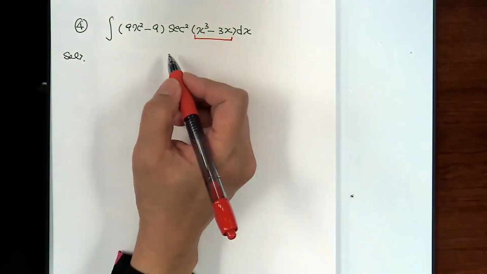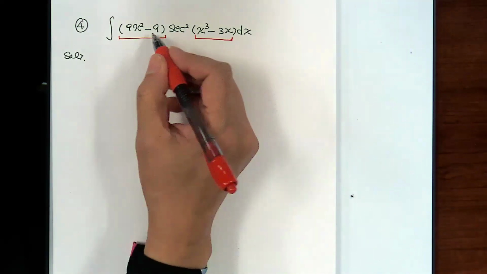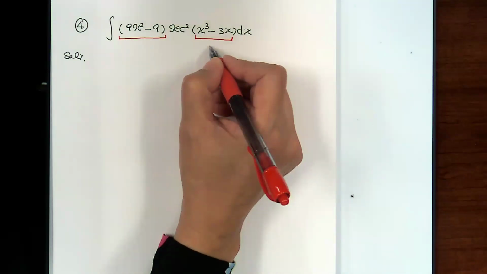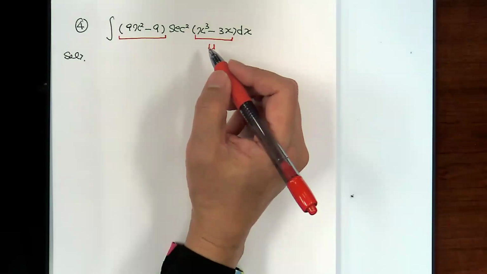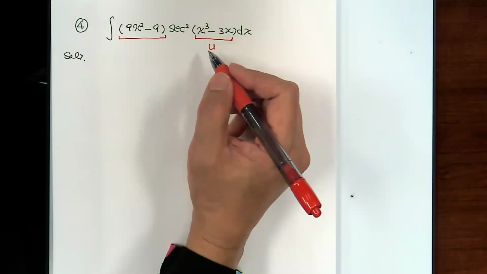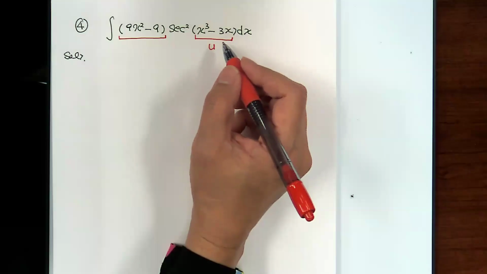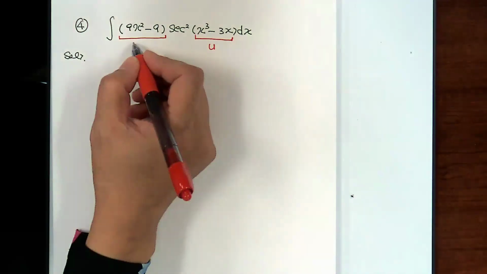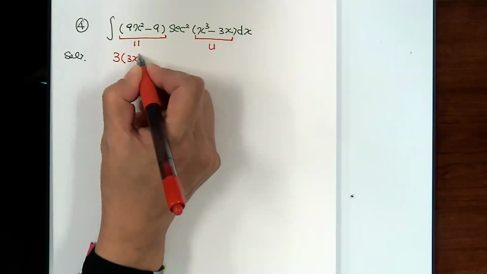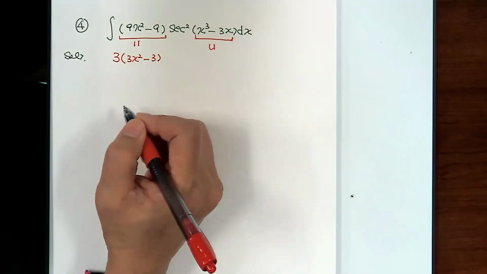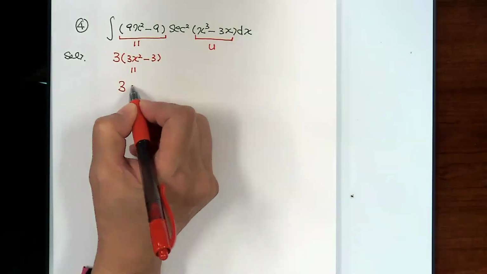And this part has one less degree. So if you put u here and differentiate it, you will have 3x squared minus 3. So we can consider this one as 3 times (3x squared minus 3), and that can be regarded as 3 times du, right?